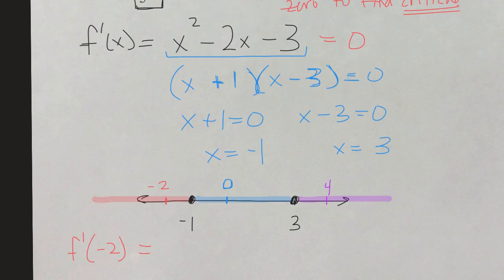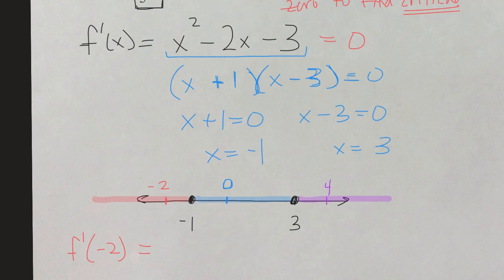Statistically speaking, we are picking one point out of this entire interval to test whether our value is positive or negative. We're picking one number in this interval, and one number on this interval, to represent the whole entire thing.